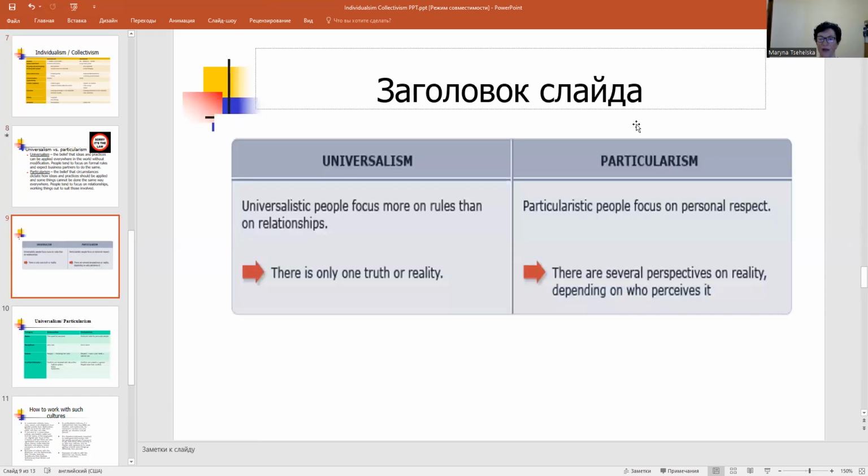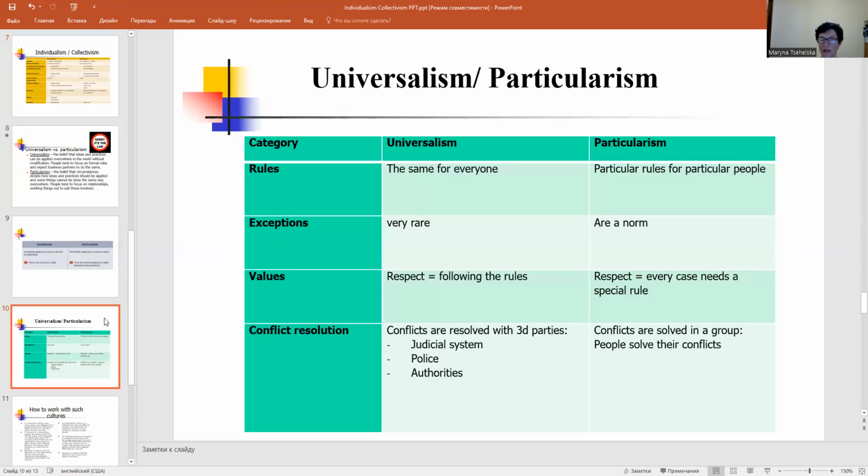So when we think of universalism and particularism, we can think of the main focus. Universalism is focused on rules, and particularism is focused on personal respect. So altogether, we see that rules are very important in universalism, and rules for particular people are important for particularism.